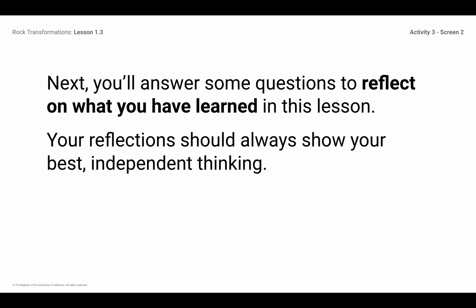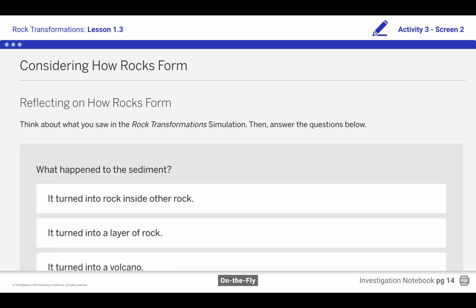And then lastly, I asked the kids to jump on activity 3, screen number 2, and this was their homework for today. So again, I'm going to ask you to do this when you're able to. Just reflect on what you've learned in this lesson, and the reflection should always show your best independent thinking.